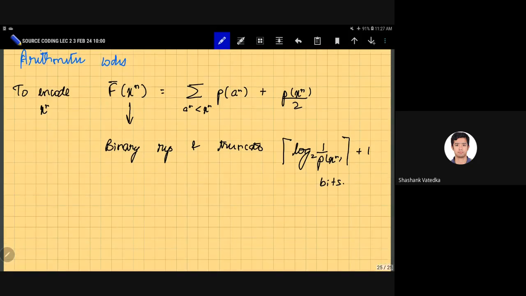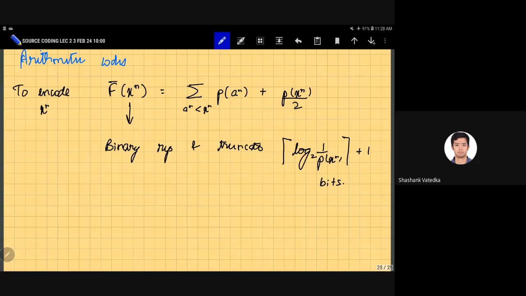So the basic idea behind the arithmetic code is that, unlike the Huffman code, in Huffman codes, if we want to obtain the Huffman code word for xn, then the only way we can do this is by constructing the entire Huffman tree. But the idea behind arithmetic codes is that you don't construct the entire code word tree.